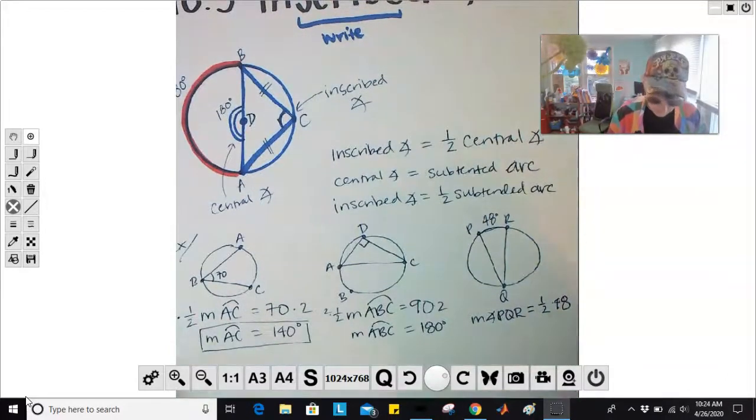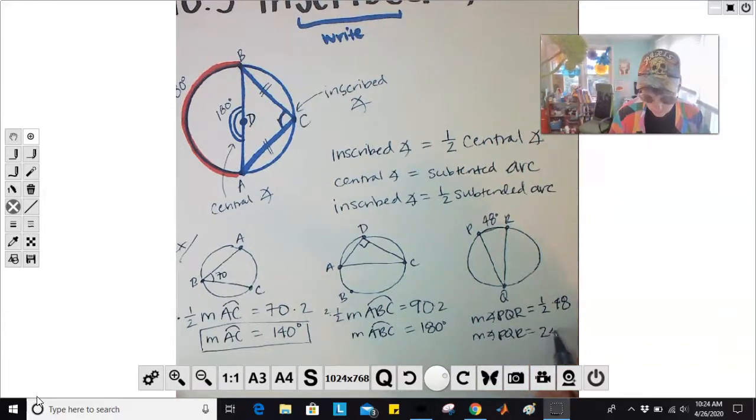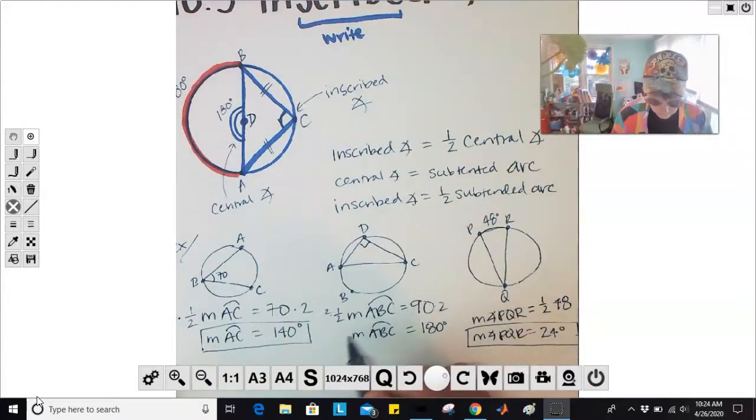Great. So this inscribed angle, the angle that has its vertex on the circle, is half of the subtended arc, half of 48 degrees, so the measure of angle PQR is 24 degrees. Easy peasy, lemon squeezy.